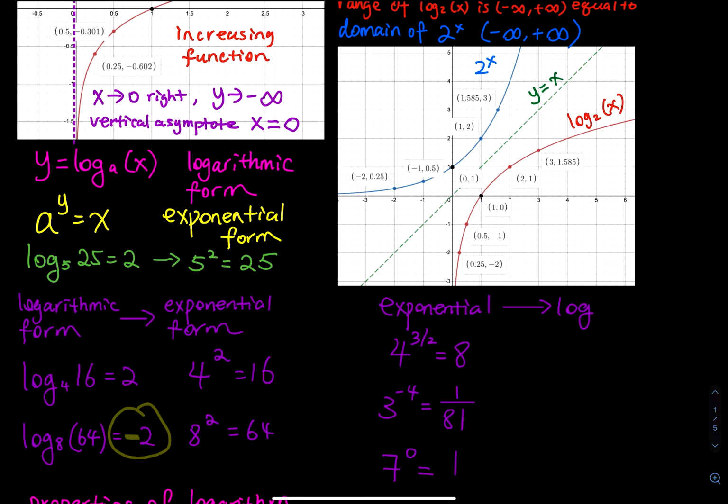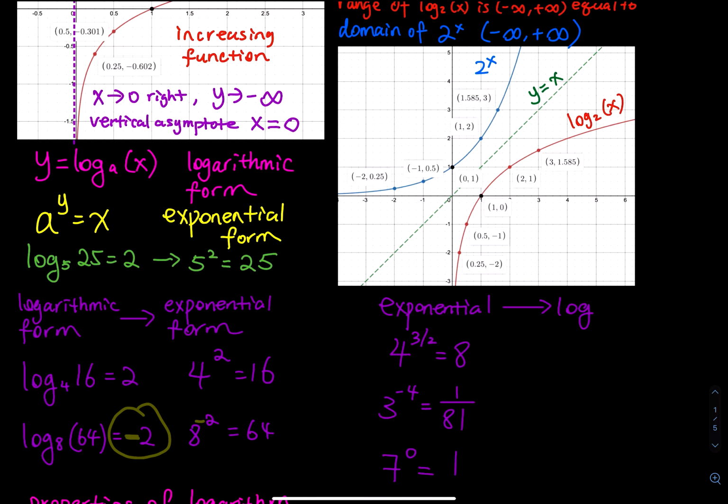I think I made a minor mistake when I copied stuff from my notes over to my iPad. So do you see why this is a mistake? Log base 8 of 64 cannot equal negative 2. Do you know why? The reason is 8 to the negative 2 is not equal to 64.